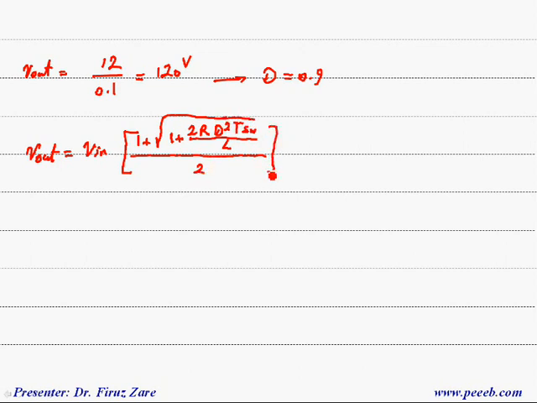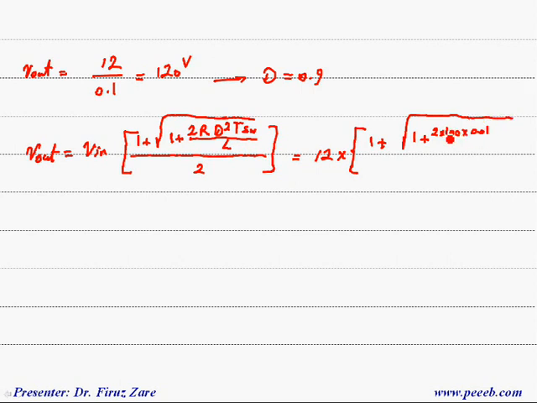And when we put these parameters in, we get 12 volts times (1 plus root of (1 plus, so the resistance value is 100 ohms, 2 times 100 times the duty cycle 0.1, which is 0.01 when we calculate the square of that one.